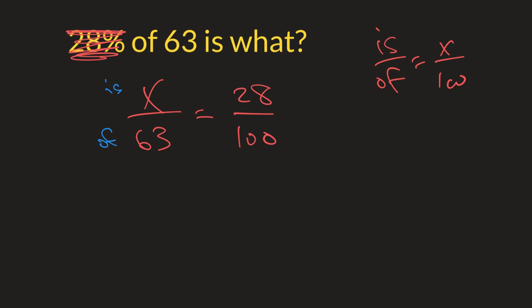We took care of the percentage, 28%, 28 over 100. Of 63, there's your of. The 63 represents the of. Is what? I don't know what, so there's my x. So it's x over 63 equals 28 over 100. Like I said, you're looking for three things, and you've got a place to put each one of them. There's going to be an is, there's going to be an of, and then we've got our percentage.